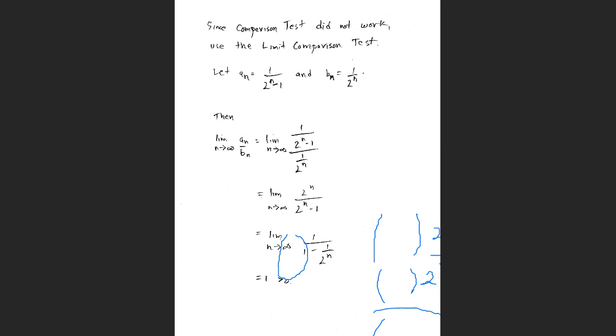You got a constant. So this basically means, since the constant's 1, that the series behaves just like a convergent geometric series with common ratio of half when the terms of the series are large.